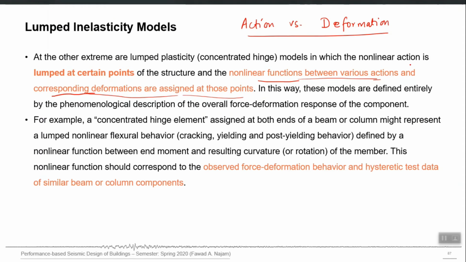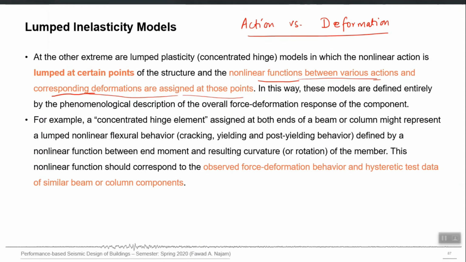For example, any 3-dimensional frame element can have 6 actions: 2 bending moments about 2 cross-sectional axes, 2 shear forces along 2 cross-sectional axes, 1 axial force and 1 torsion. Actually they correspond to the 6 degrees of freedom, 3 rotations and 3 translations.